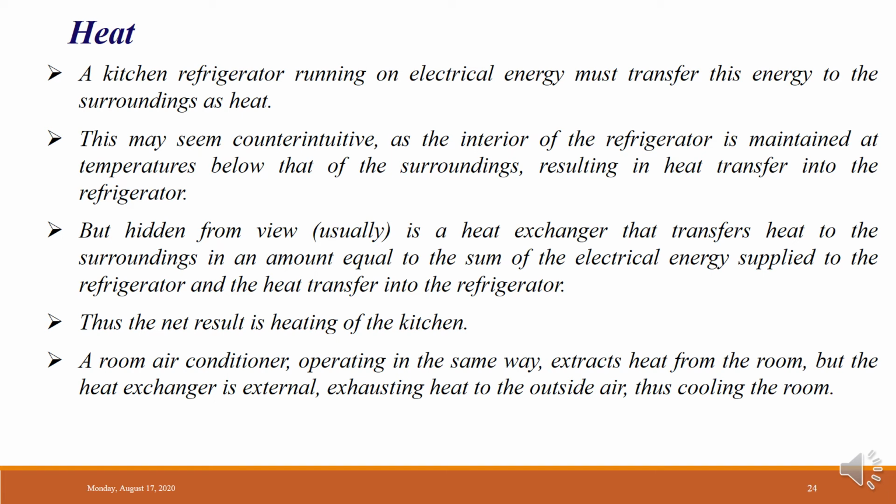This is the best example, or you can say a room air conditioner is the same thing, right? It extracts energy from a room and rejects the energy outside. So that's why you get a cooler feel, that means a colder feel, in your room.